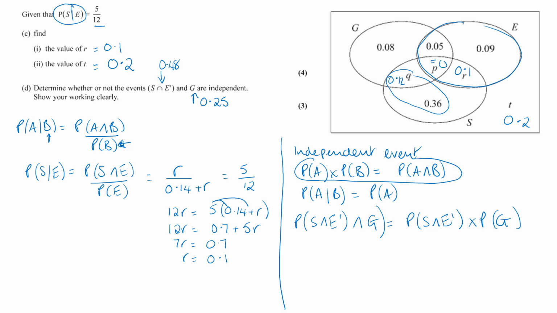Well, I've got them up there, haven't I? It's 0.48 times 0.25. And does that equal, where are you in S intersection E dash and also in G? That is just this bit here, which is going to be Q. So does that equal 0.12? Well, if you times them, a quarter of 0.48 is 0.12. So it does equal. So yes, they are independent.